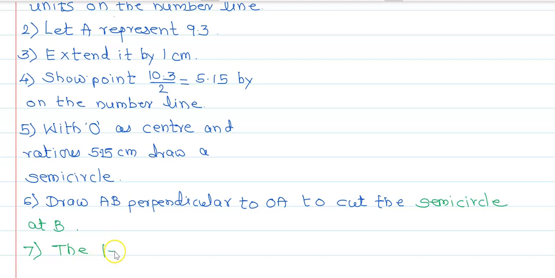The length AB is root of 9.3 centimeter. Okay, it's the root of 9.3 centimeter.